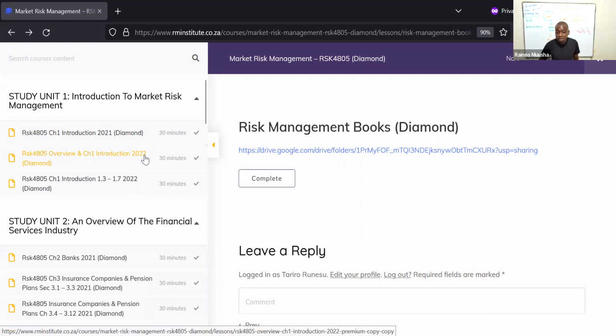The videos that are going to be taken for year 2023 will also be labeled 2023 at the end, so that you're able to distinguish the videos from year 2021, year 2022, and year 2023.